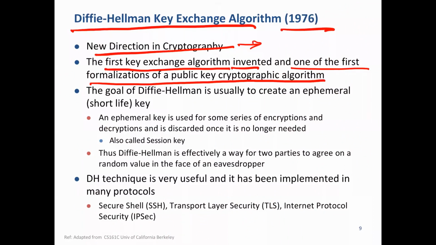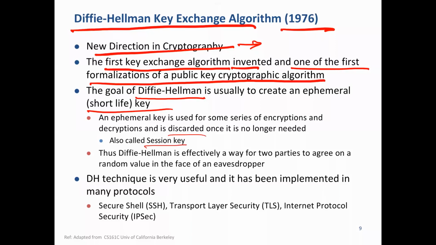So the goal of this algorithm is to create a very short-lived key, an ephemeral key. It's a kind of session key. So Alice and Bob are creating a session. They need to have the same key, and the session will go on only for a very short time, and then these keys will be discarded once the session is over, and we call them session keys.